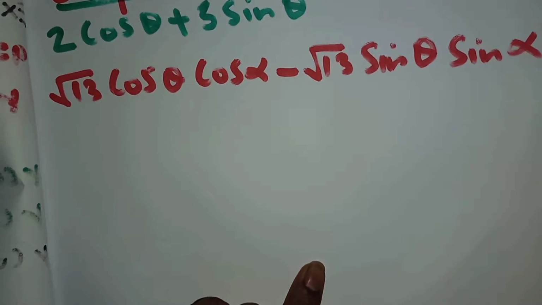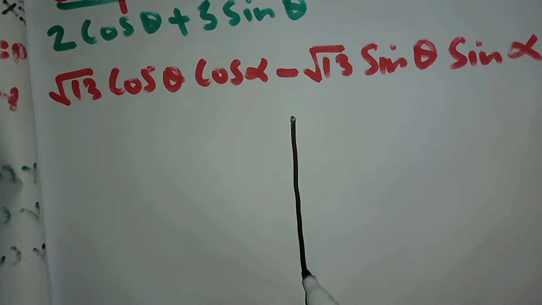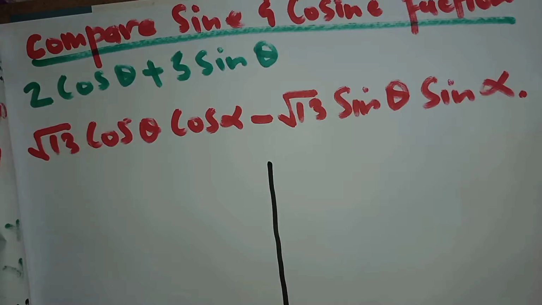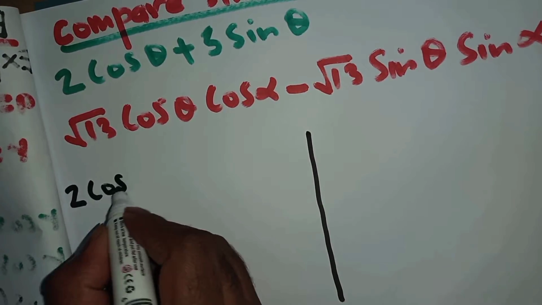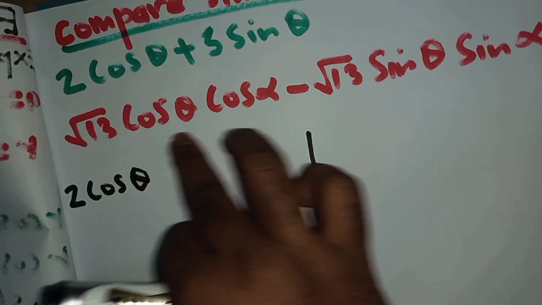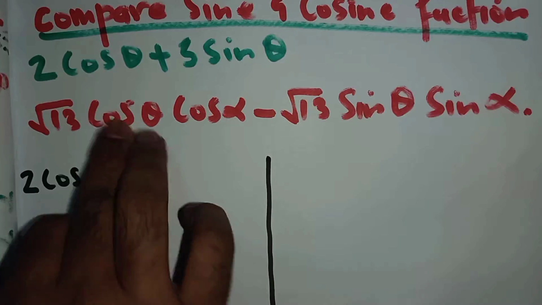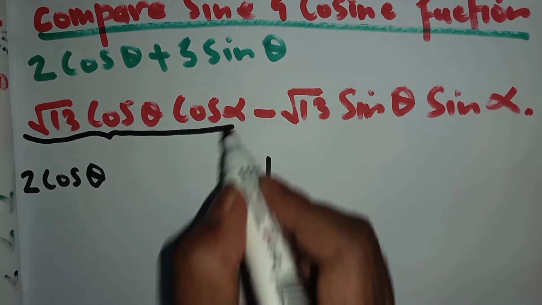So let's compare that. Let's make a partition here, and let's start with the cos function, right? So if we have 2 cos theta, let's write here 2 cos theta. Now we have to look for cos theta in this expression. We have cos theta here, so all of this is going to come down here, right?